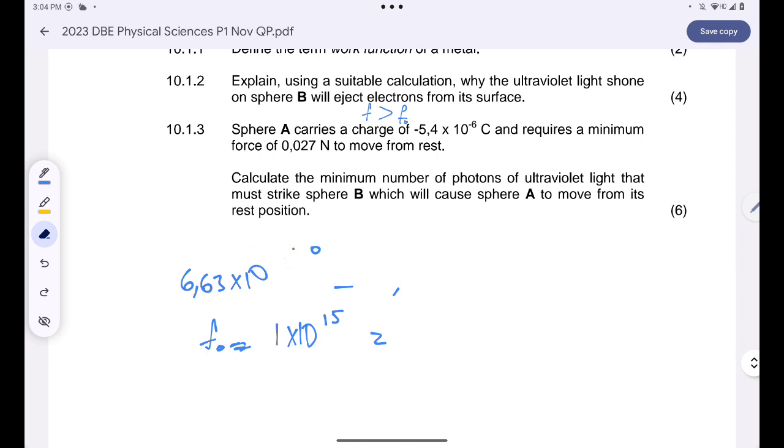The first thing we need to do here, guys, is, since we are given the force, calculate the charge on sphere B, and then you can simply calculate the number of photons. Are we together? The number of photons will be equal to the number of photoelectrons.